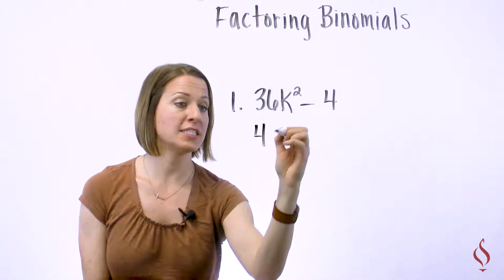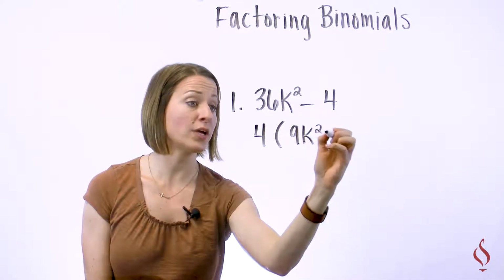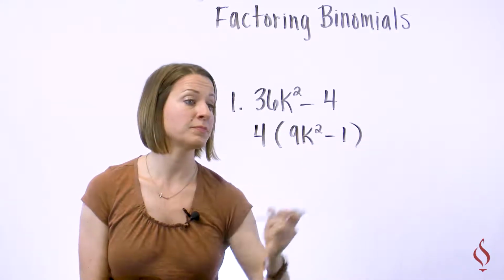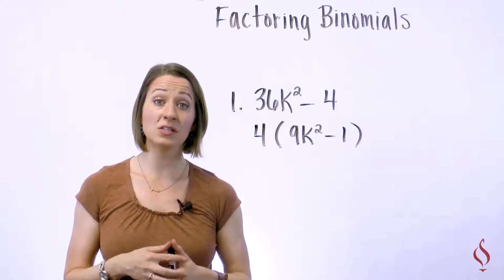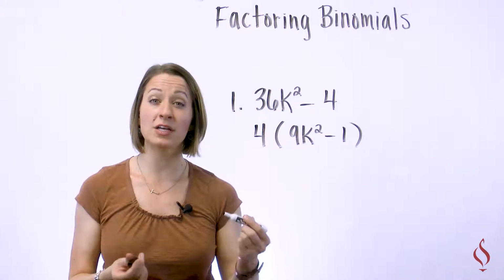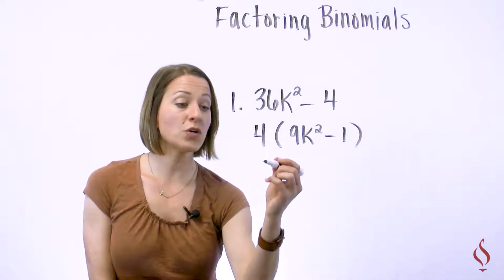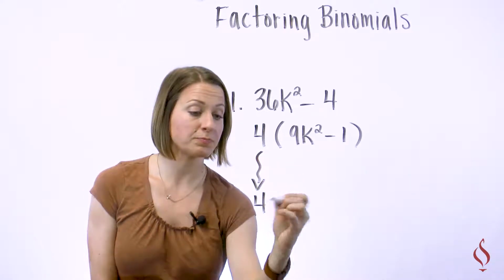Pull this out. That leaves us with 9k squared minus 1. Those two terms inside the parentheses are still perfect squares, and it's still a subtraction problem, so we still have a difference of squares. 4 is going to stay in our answer.